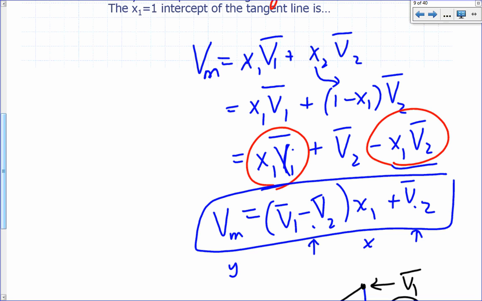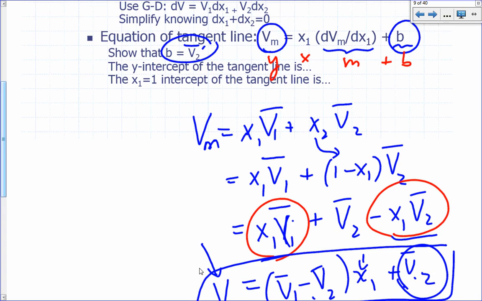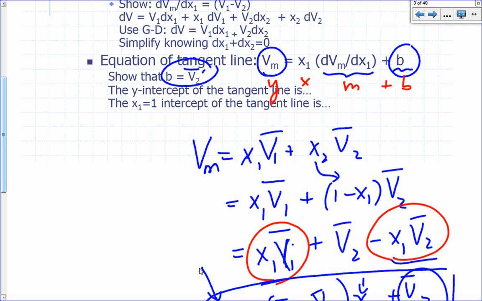So if you plug in Vm at x1 and the slope of the tangent line at x1, then you should be able to show that the y-intercept of that tangent line is equal to V2 bar. Similarly, you can show that at mole fraction of 1 equal to 1, the intercept of the tangent line is V1 bar.